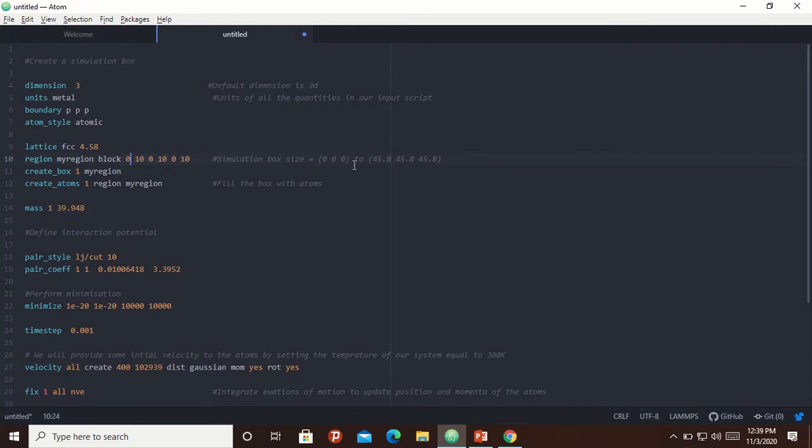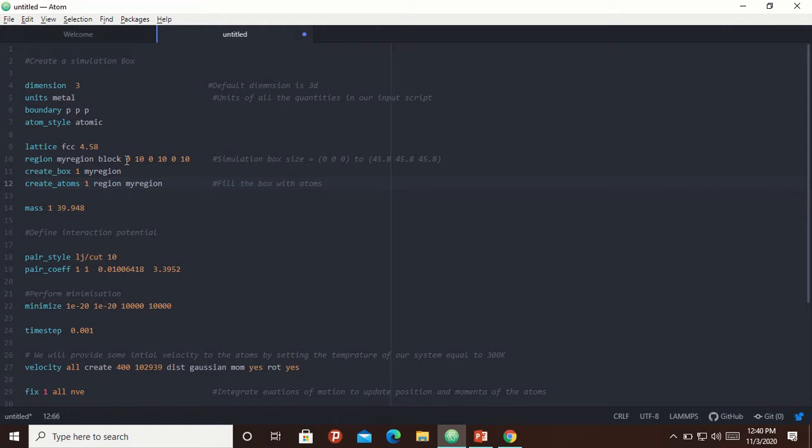So the minimum will start from 0, and the maximum will go to 45.8, because 4.58 multiplied by 10 is 45.8. Similarly, the high value or maximum value of y is 45.8, and the maximum value of z is 45.8. So it is simply multiplying this by this, and this is the size of our simulation box.